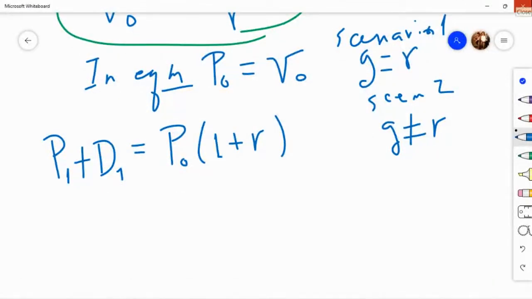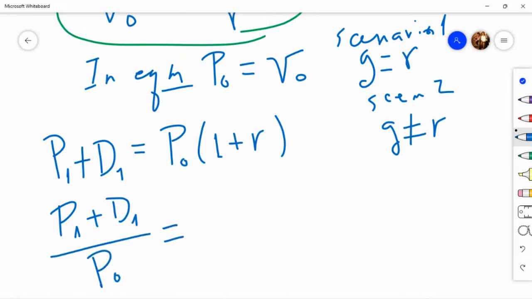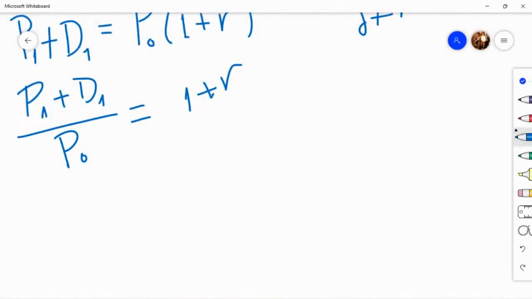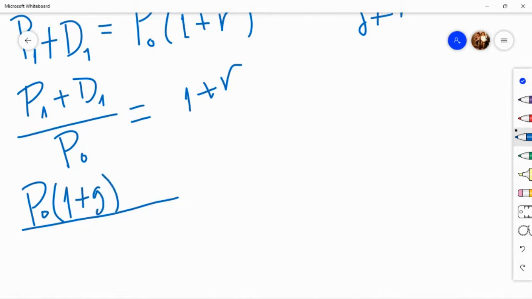If we divide both sides by P0 to isolate R, it's going to be P1 plus D1 over P0, and then on the right-hand side, 1 plus R. And then we can rewrite P1 as P0 times 1 plus G. Remember, if you're looking at the house value only, right, the increase or decrease in house value is because of the growth rate.